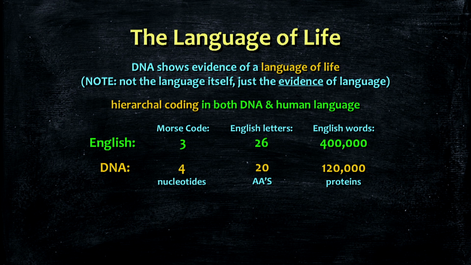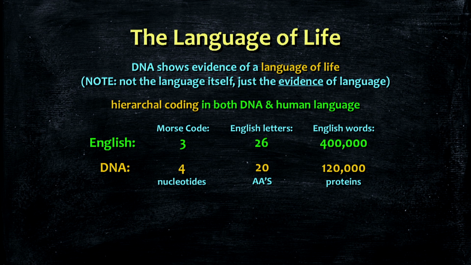So each letter of the English alphabet has a particular sequence of dots and dashes and gaps or pauses between to identify the letters of the alphabet. You've only got three possibilities with Morse code, a dot or a dash or a gap or a space. And with those three possible elements, you can code for the 26 letters of the English language. So you've got three elements that code at the first hierarchical level for 26 letters.